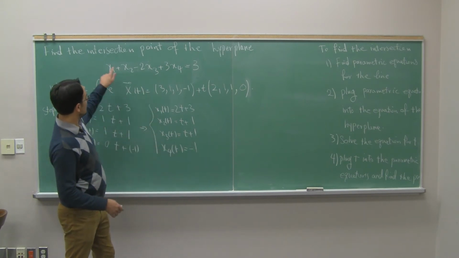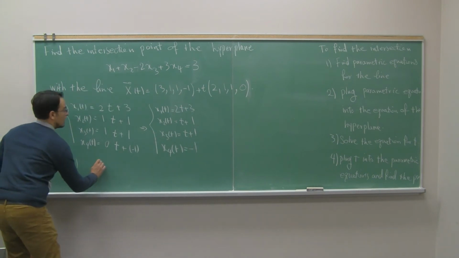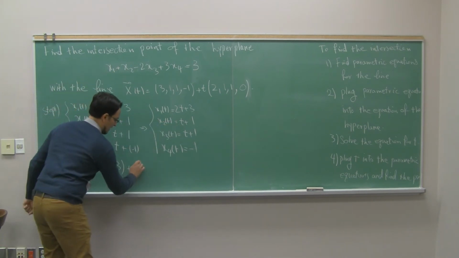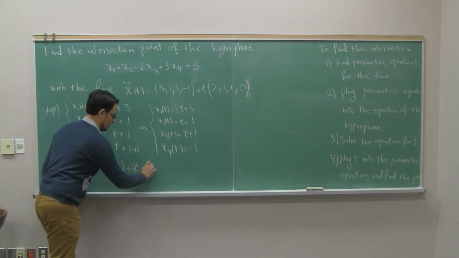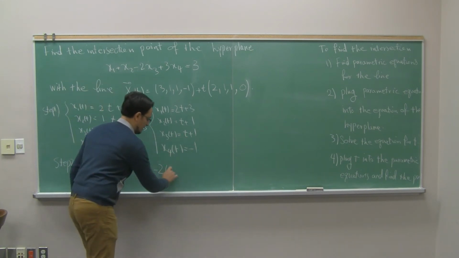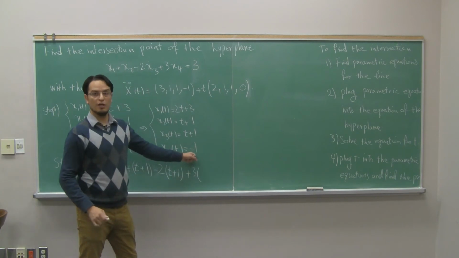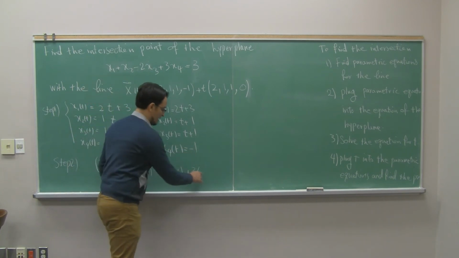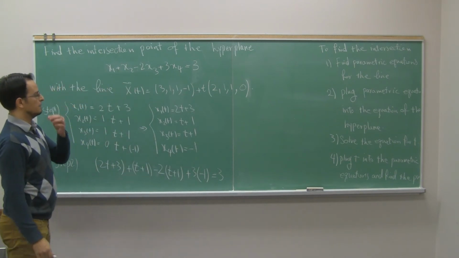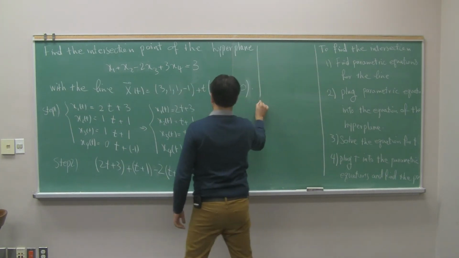Now plug in each one in this equation for the hyperplane. x1 is 2t plus 3, so I will have 2t plus 3, that's x1, plus x2 has parametric equation t plus 1, plus x3 minus 2 times x3, x3 is t plus 1, plus 3x4, so 3 times x4, the equation for x4 in the parametric equations is negative 1. And this should be equal to 3.